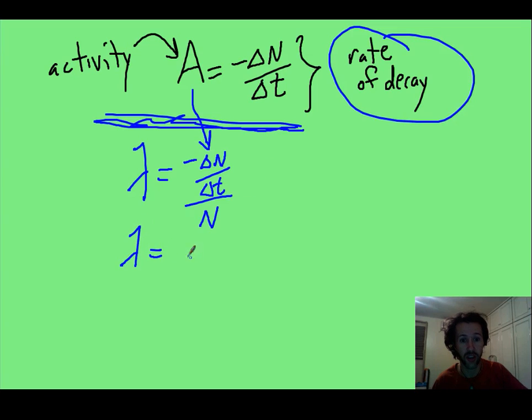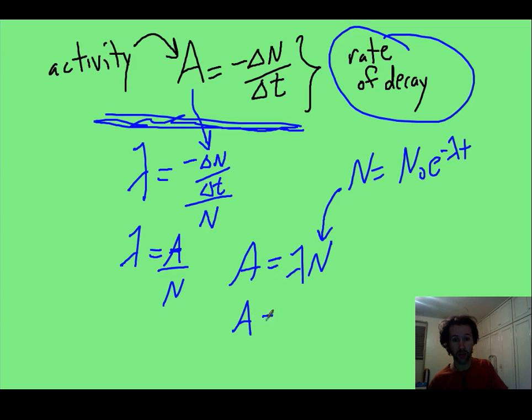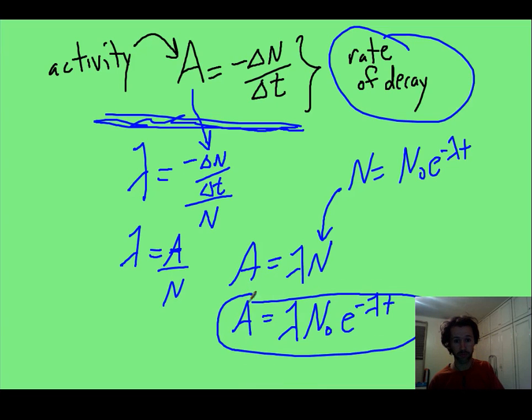So that means we can say that lambda is equal to A over N. And so then we can say that activity is equal to the decay constant times N. And if you remember this crazy equation that we had from before, you can plug this in for N if you want. And we have one final useful, although kind of annoying, equation that this must be true. This is a useful equation also. The end.